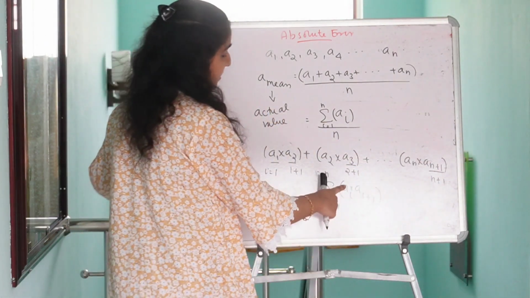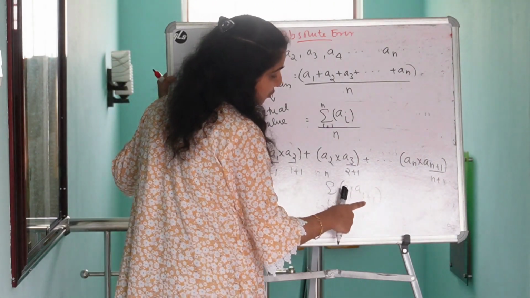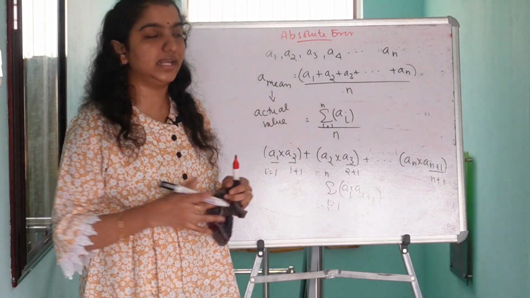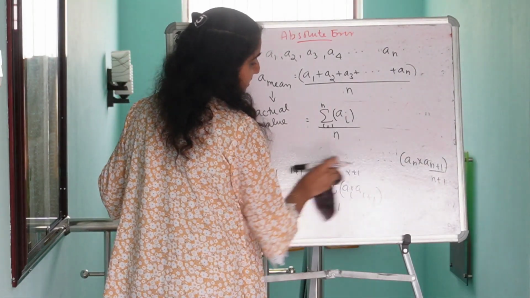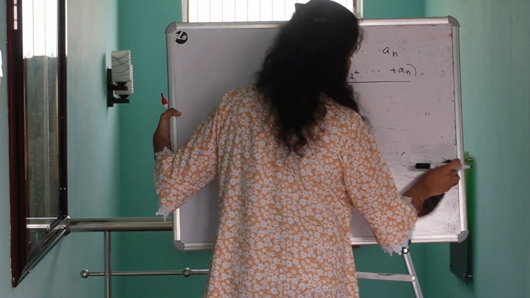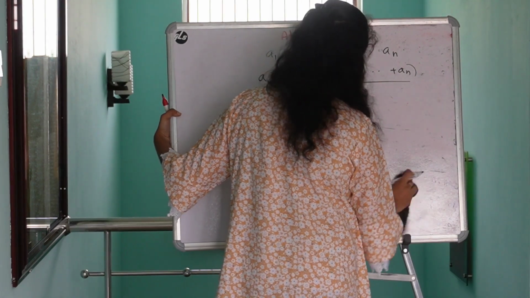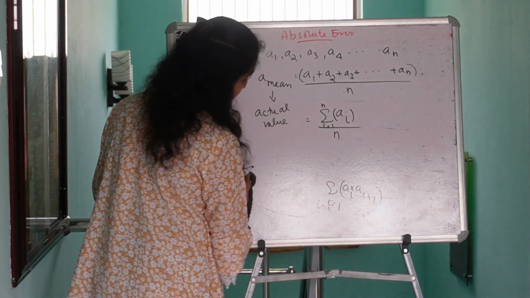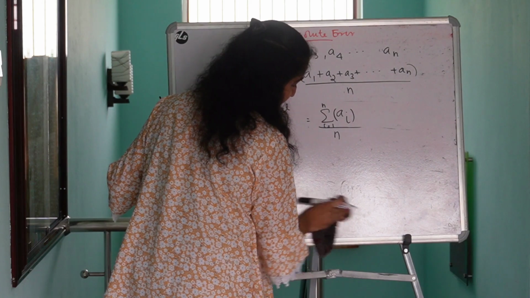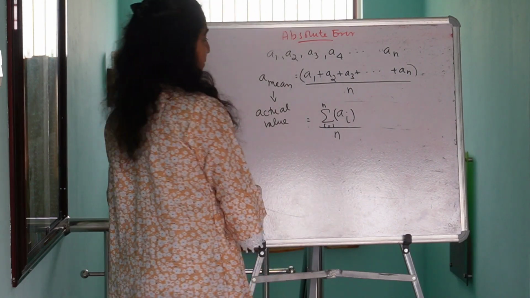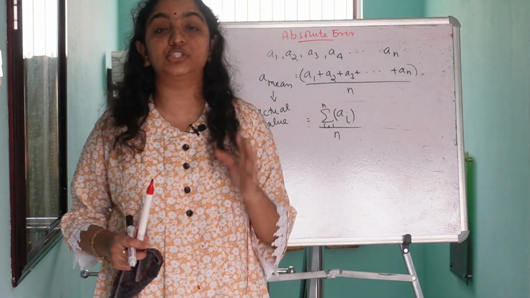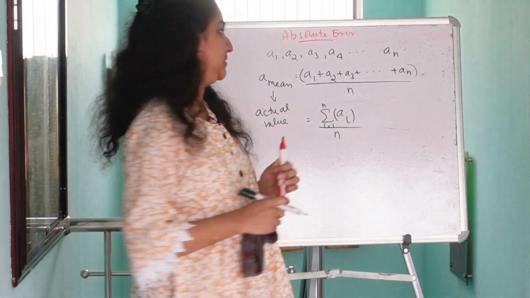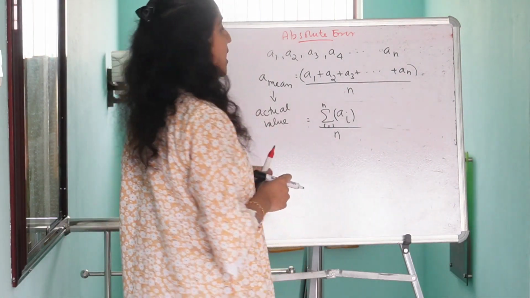So here I used the generalized form Ai into Ai plus 1. Is it clear? Yes. So this is how we write generalized terms while using sigma. Is it clear? Yes. So this A mean is considered as the actual value of the measurement. Yes. Is it clear up to this?